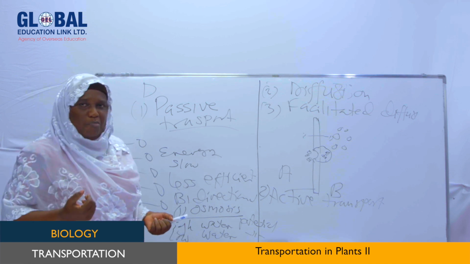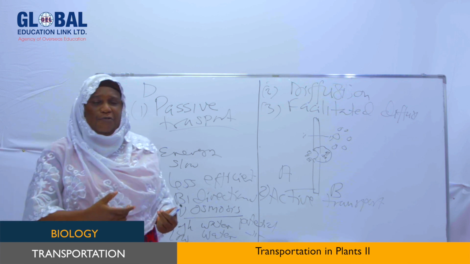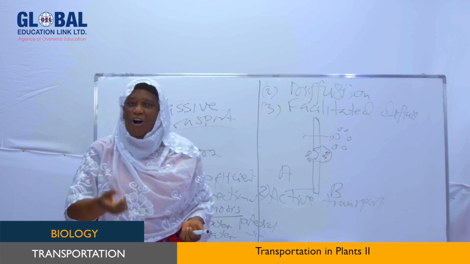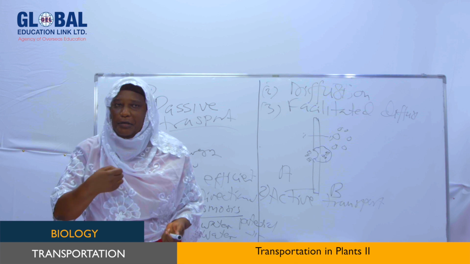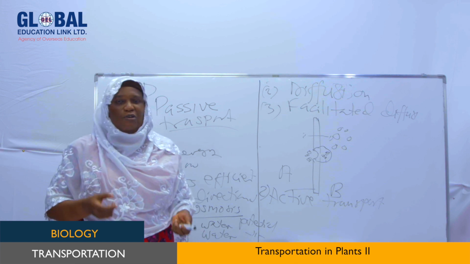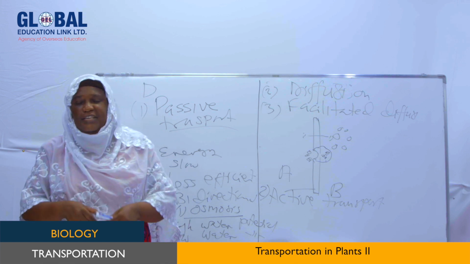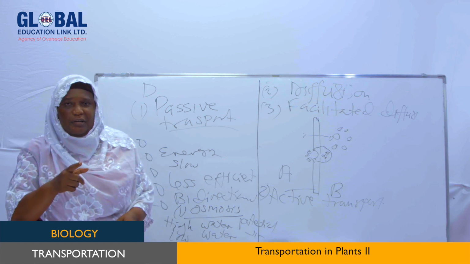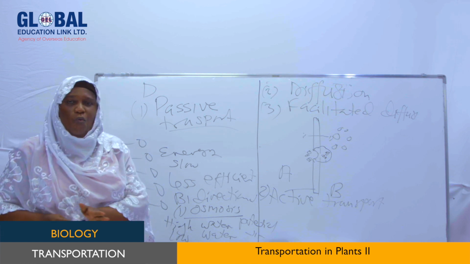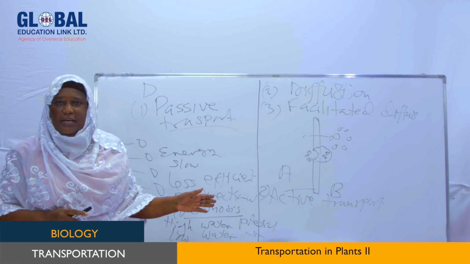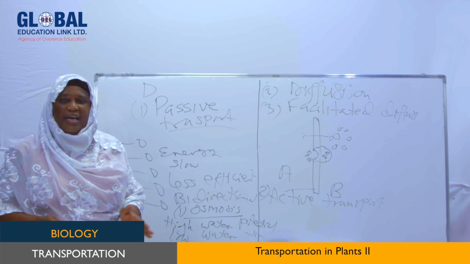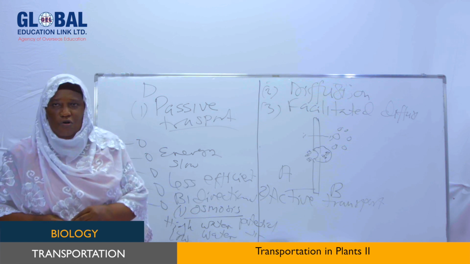You may take the example of the digestive tract. You always eat food. But regardless of the concentration of food in the digestive tract, materials can still move in one direction only, whether the concentration there is high or low.